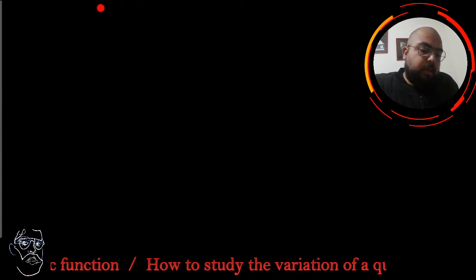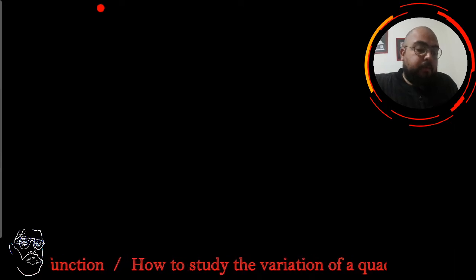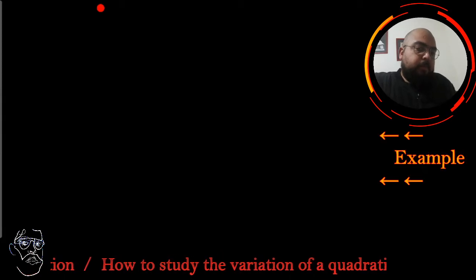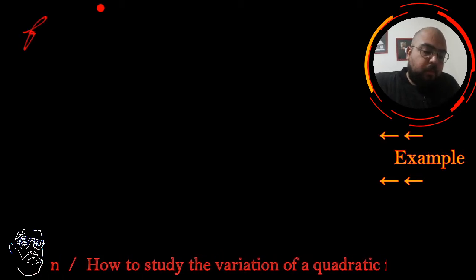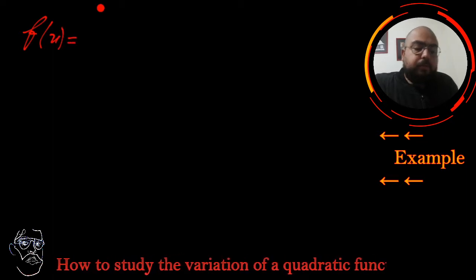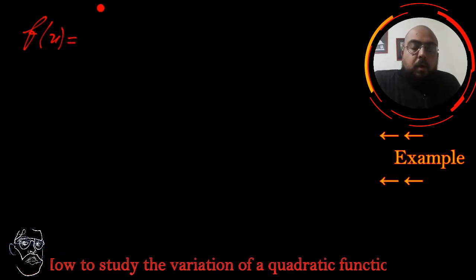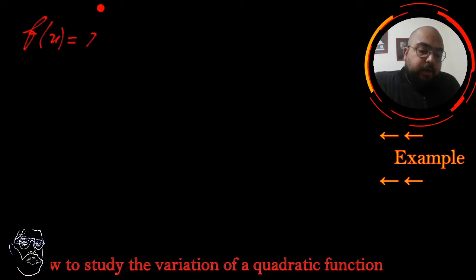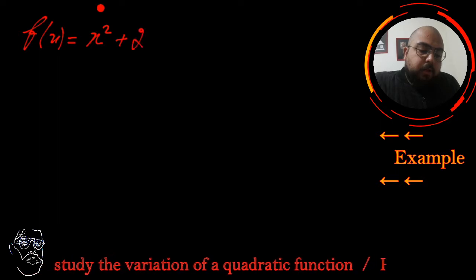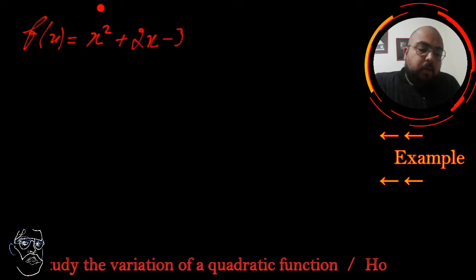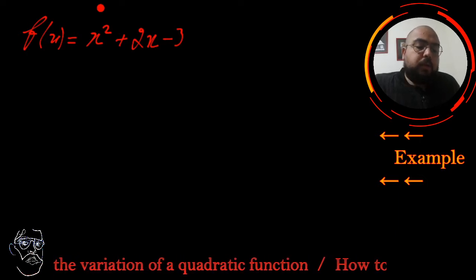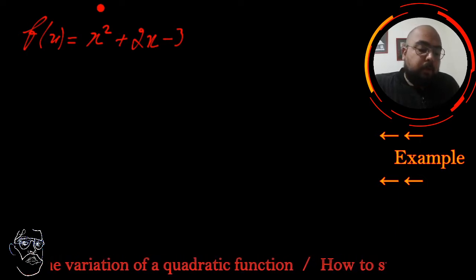So let's take, for example, f of x is equal to x squared plus 2x minus 3. So it's a second degree equation. It's a polynomial which is quadratic.